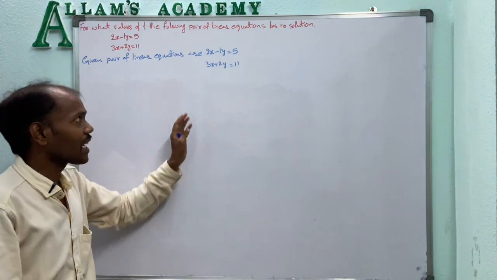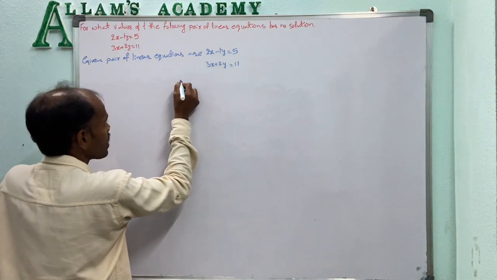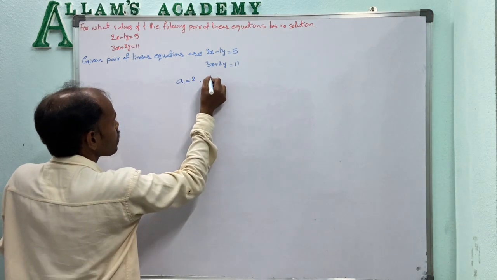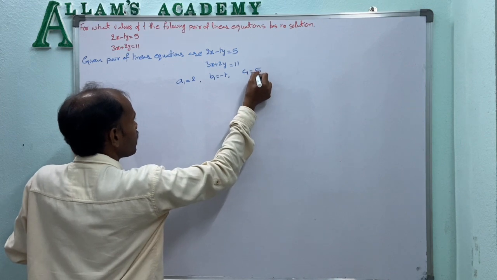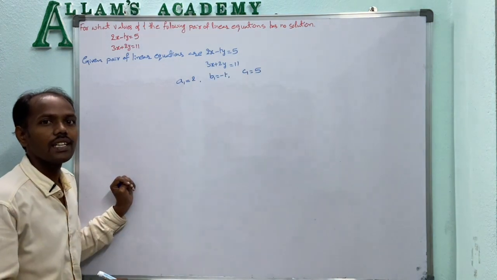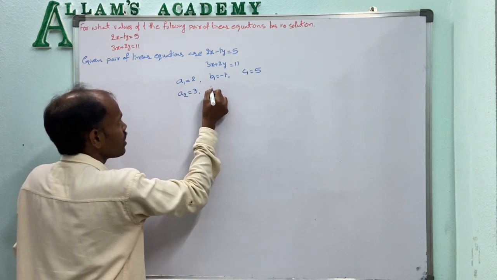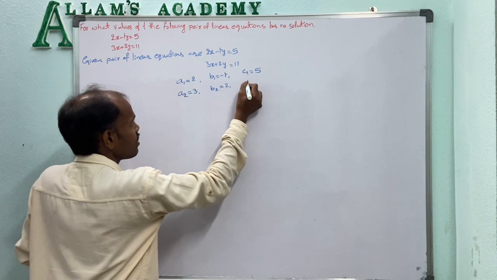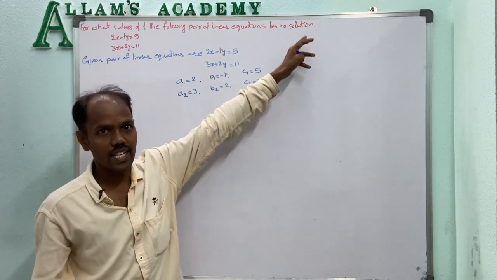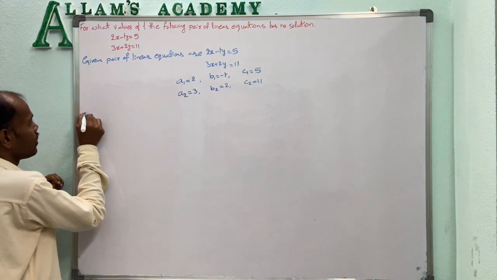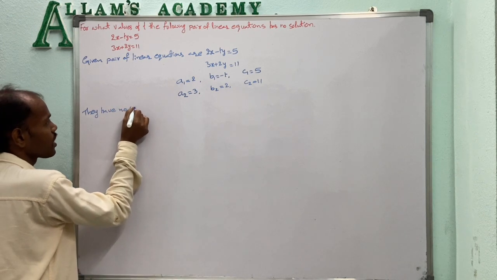Taking the coefficients of x and y and the constant terms, for the first equation a1 equal to 2, b1 equal to minus t, c1 equal to 5. For the second equation, a2 equal to 3, b2 equal to 2 and c2 equal to 11. Now the given linear equations have no solution.